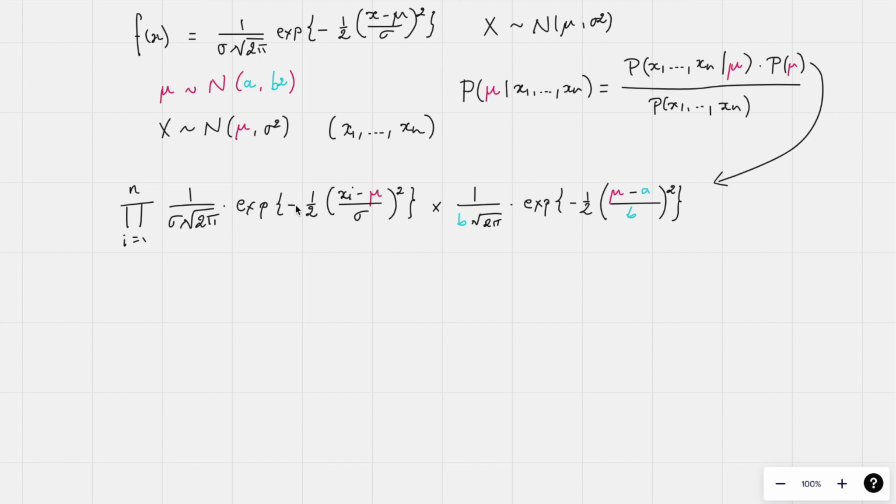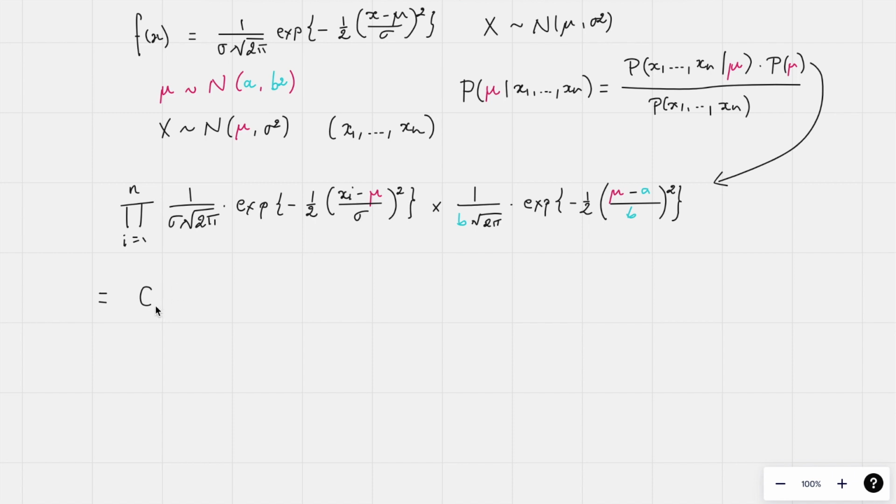So what we're going to observe here is that because this is a product of exponentials, the terms inside the exponential are going to add up. And so this is equal to a certain constant that I'm going to write c, because I don't really care what this is. I just know that this does not depend on mu.